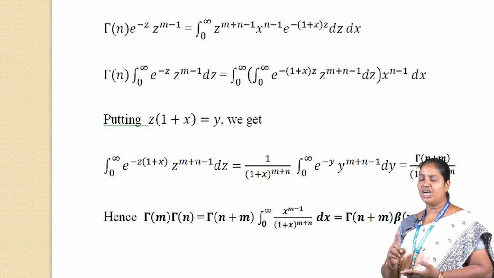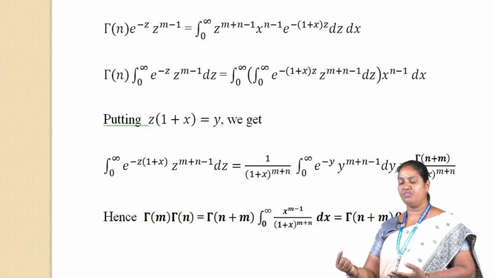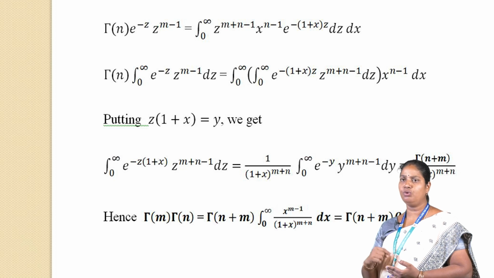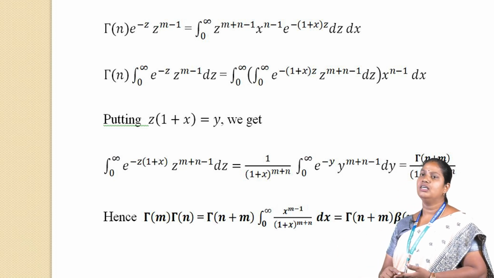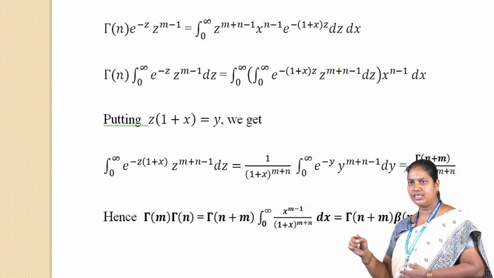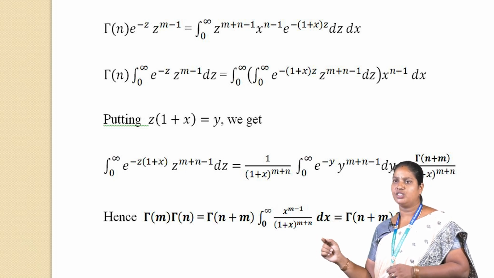So now we are integrating on both sides with respect to dz. We will get gamma of n into the integral 0 to infinity e power minus z into z power m minus 1 dz, which is equal to the double integral of e power minus of 1 plus x into z into z power m plus n minus 1 into dz into x power n minus 1 dx.